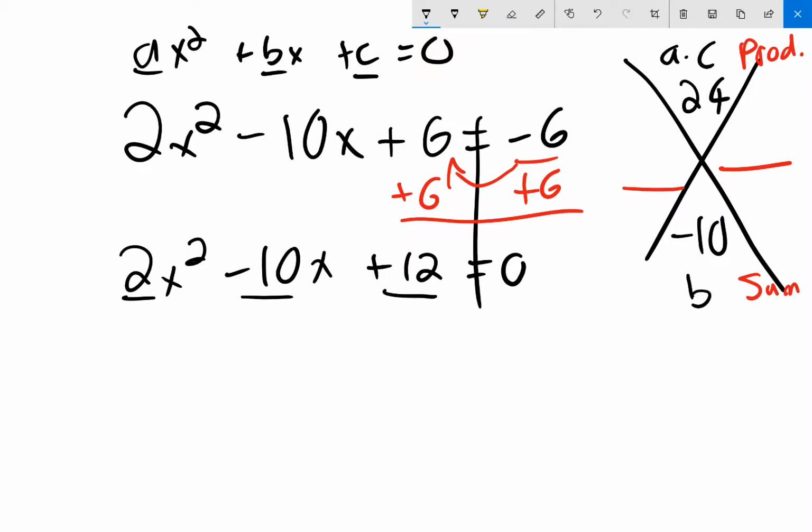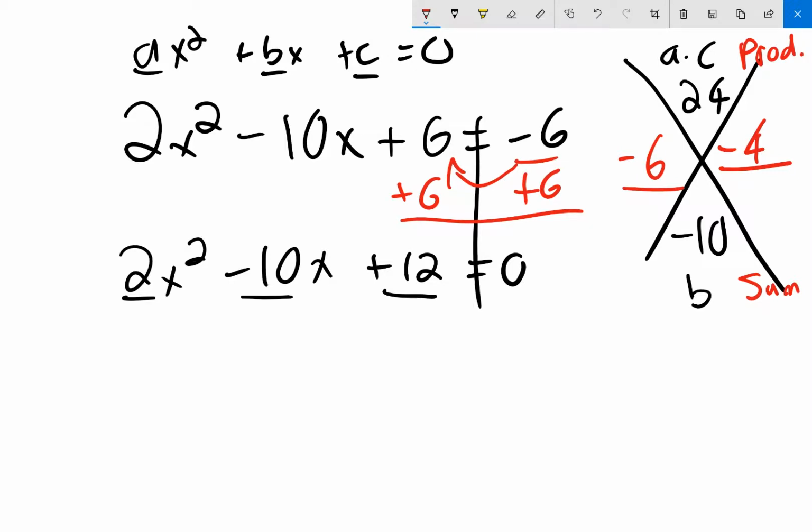If you haven't, keep in mind that it multiplies to a positive and adds to a negative. So the only way that can happen is if both numbers are negative. A negative times a negative will make a positive 24, and a negative plus another negative will make a negative number as well. So that's a hint for you. Now, if that's not enough still, the answer there is negative 6 and negative 4. Negative 6 times negative 4 is positive 24. Negative 6 minus 4 is negative 10.